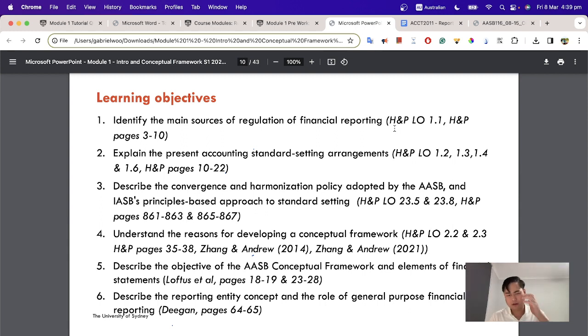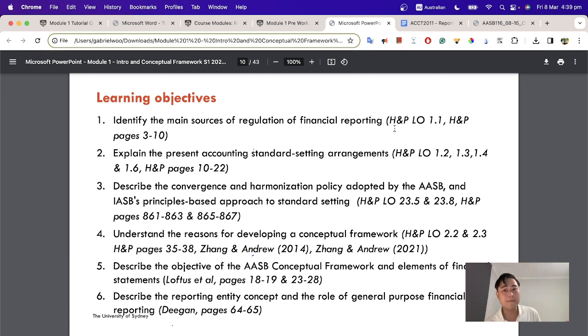Okay, there are various differences between the Australian accounting standards and the US accounting standards. And because the US has the majority and the biggest capital markets, we still need to know something. Remember back to your first-year days when we talked about inventory recognition? We have FIFO, LIFO, and average cost.